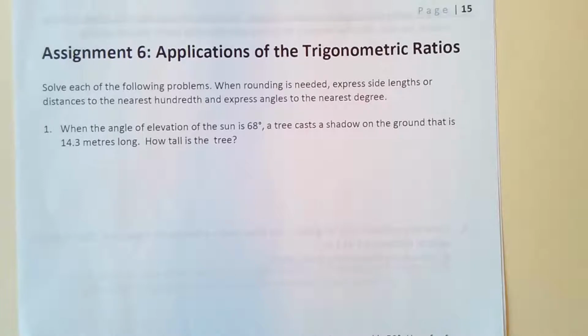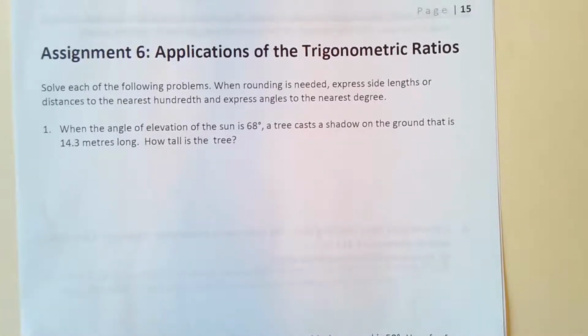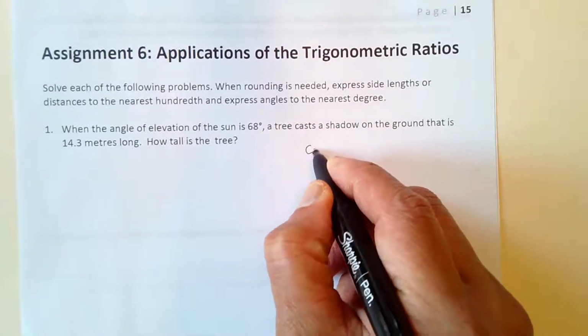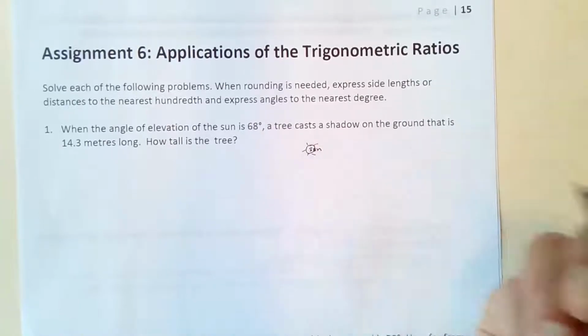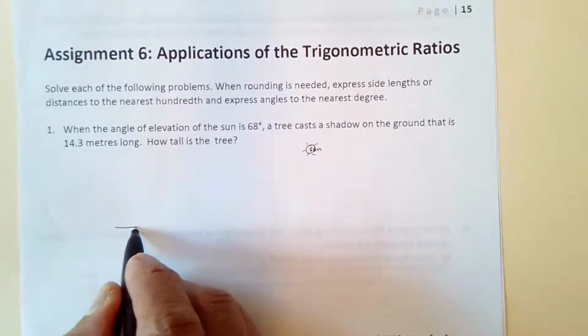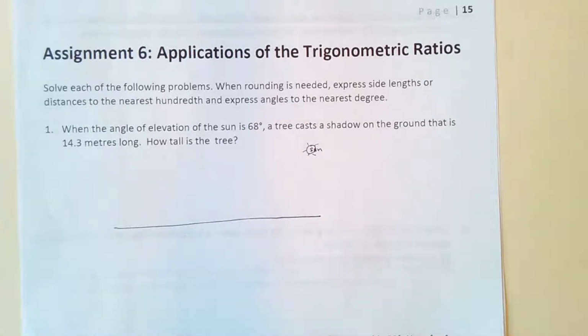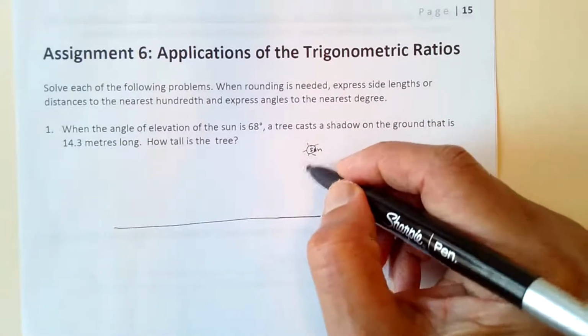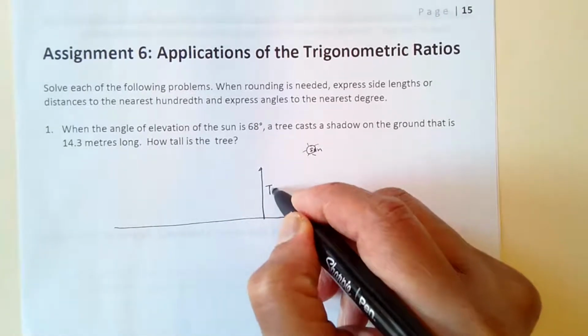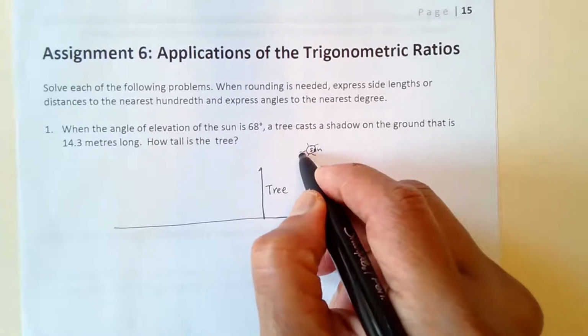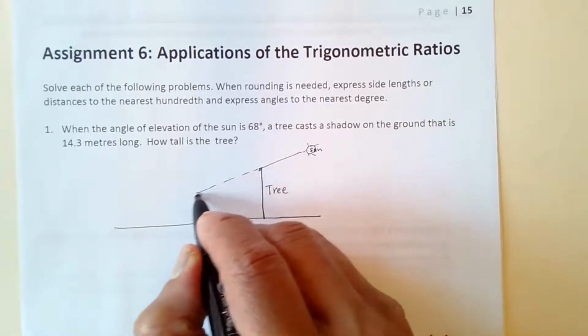Whenever we have these questions, we try to make an illustration to help us understand the problem. So let's say this is the sun, and here we have the ground. We have a tree somewhere here, and the sun is shining and casts a shadow.